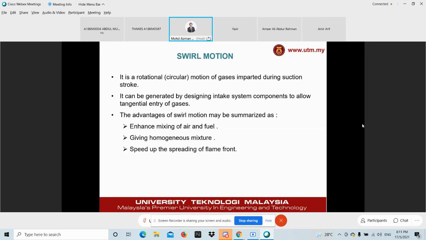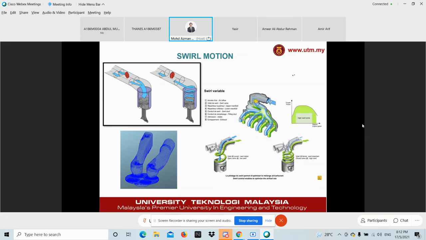Okay, so the advantages of swirl motion may be summarized as to enhance the mixing of air and fuel, giving a homogeneous mixture, and speed up the spreading of the flame front. So if you can imagine the swirl, you can see the picture over there.